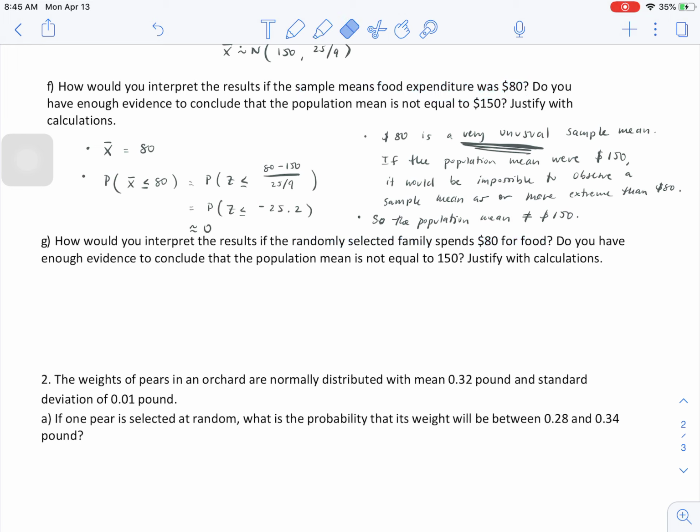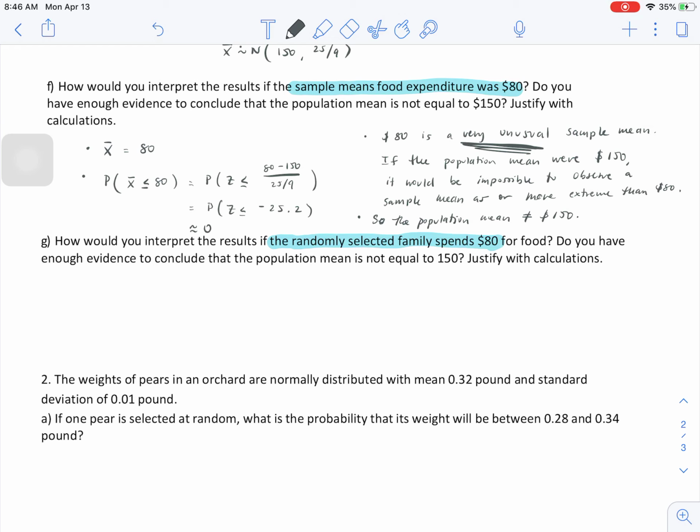In part F, we're asking, is a sample mean of $80 unusual? In part G, we're asking, is a single observation of $80 in the population distribution unusual? So part F is $80 unusual relative to the sampling distribution. Part G is $80 unusual relative to the population distribution.